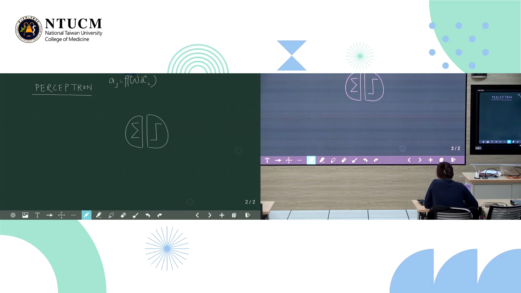In Agarwal, it's visualized like this. Before we get to AJ, we have AJ star, and AJ star is the pre-activation state.